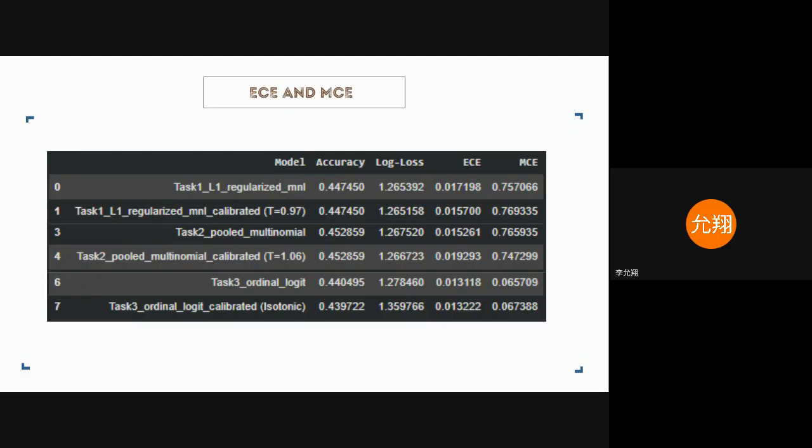In ordinal logistic regression, the class probabilities are derived from cumulative logits. When applying isotonic regression independently to each class probability, the adjusted curves may violate the original ordering or cumulative structure. As a result, the final argmax may change for some samples, which slightly alters the accuracy. Next slide.